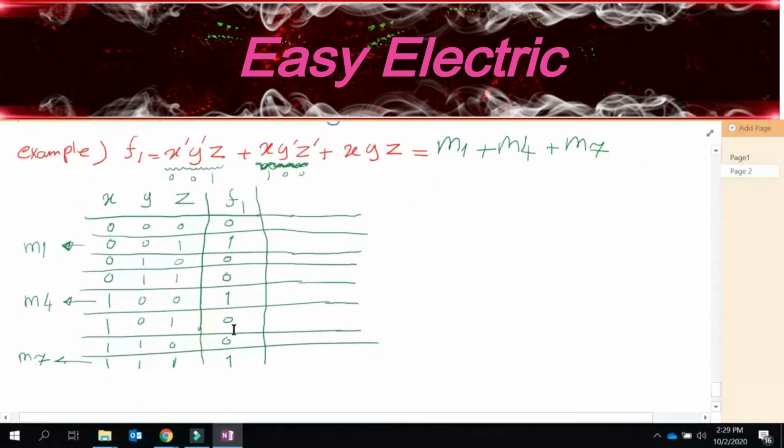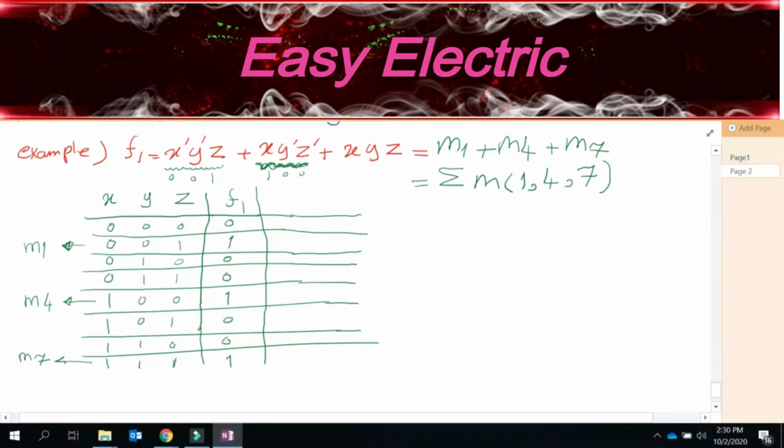How? You just check the rows, and in which row the function is 1, you say that function is that minterm, or that minterm. Usually we write this with sigma m, and just put the numbers of the minterms. So whenever you see f1 equal to sigma m(1,4,7), definitely you know if you draw the truth table, in these rows the function is 1.